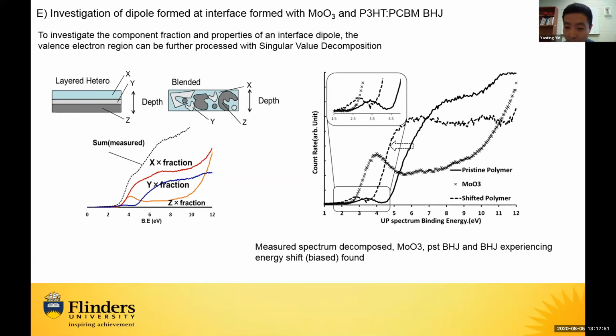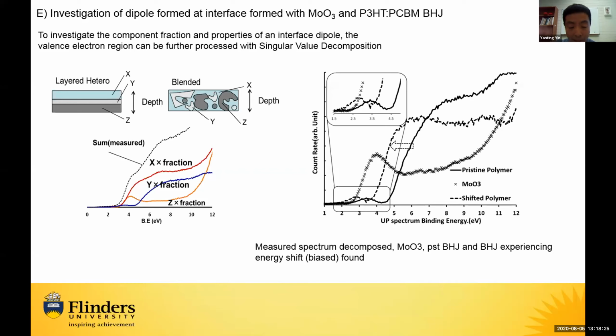It's exactly the same shape as the polymer BHJ, in terms of the electron density of states and the peak onset, but shifted on the energy scale towards a lower binding energy by at least 1.3 electron volts. So this definitely gives us information: the polymer BHJ is actually experiencing an electronic shift at the interface once the interface can be detected.